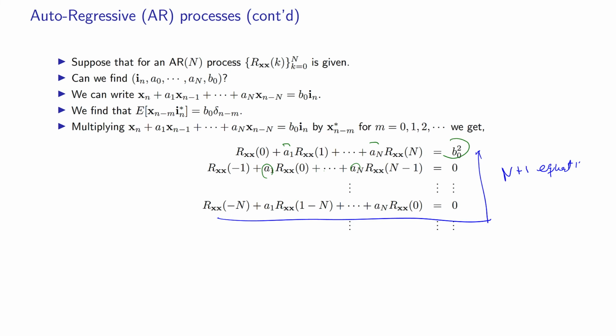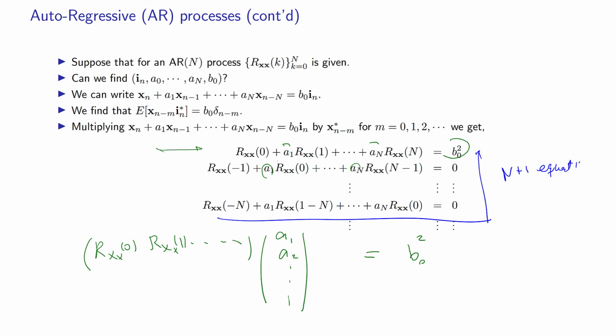So what I could do is to write the first equation in a matrix form. The first equation is b0 to the power of 2 is equal to a1, a2 as a column vector, times a row vector of r x x of 0, r x x of 1, etc. So this equation is the first equation.